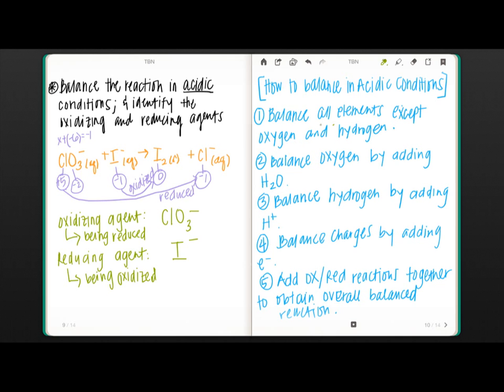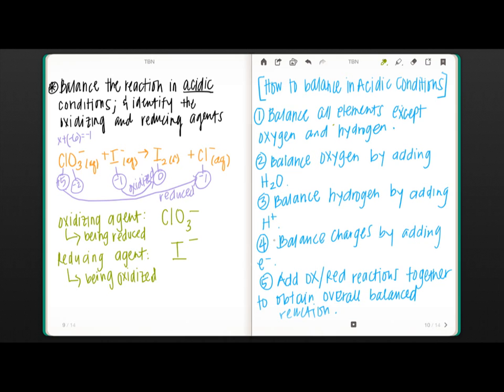For each of the following steps, you have to do it for both the oxidation reaction and the reduction reaction. First step, balance all the elements except oxygen and hydrogen. Second step, the only way you can balance oxygen is by adding H2O. Third step, balance hydrogen by adding H+.